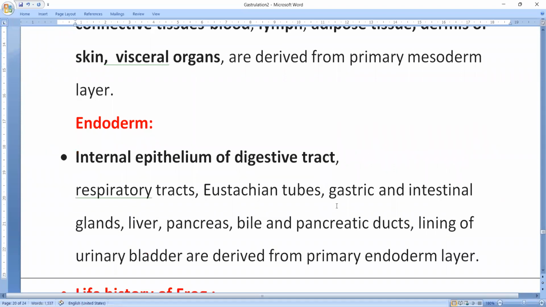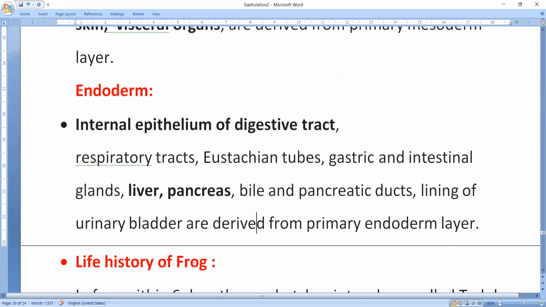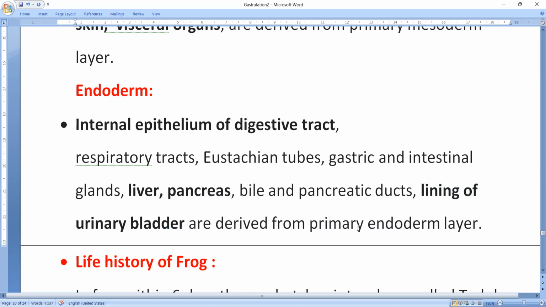So respiratory tracts, eustachian tubes, gastric and intestinal glands, liver and pancreas, bile and pancreatic ducts, and the lining of the urinary bladder are derived from the primary endoderm layer.